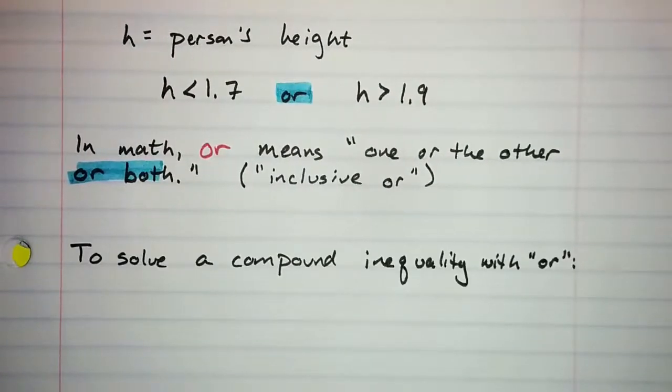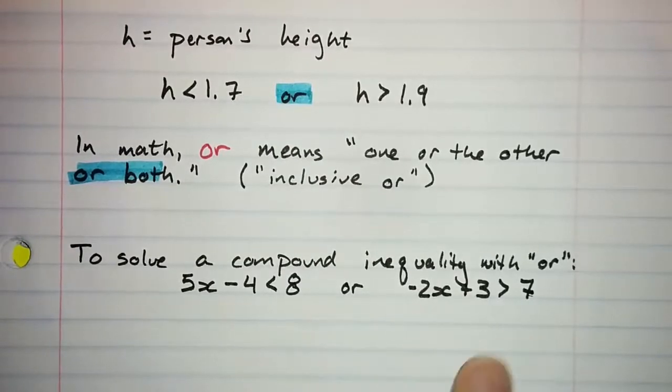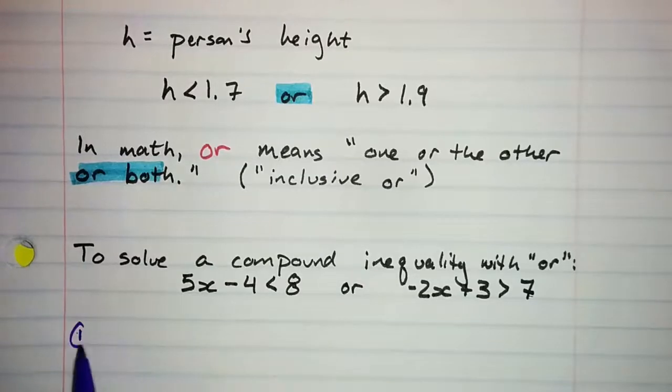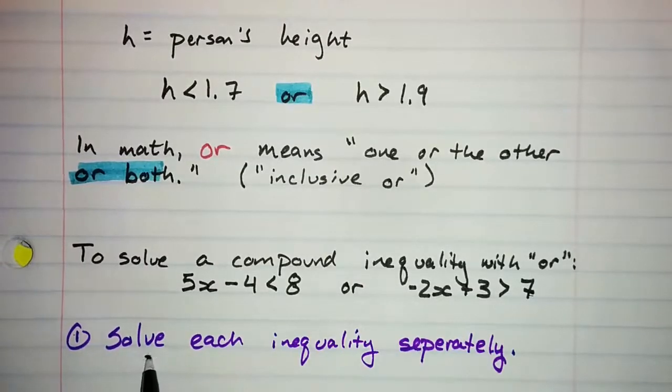And as an example of this procedure, let's say, 5x minus 4 is less than 8, or negative 2x plus 3 is greater than 7. Right, so just like with the and inequalities, our first step will be, first we solve each inequality separately.